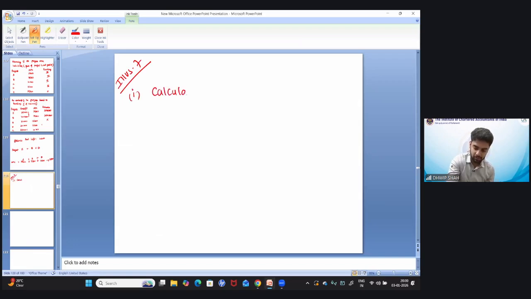Calculation of payback period. I am denoting it in short terminologies.